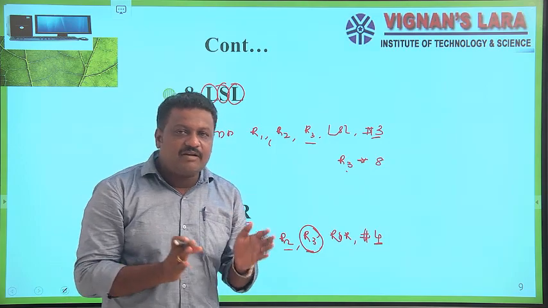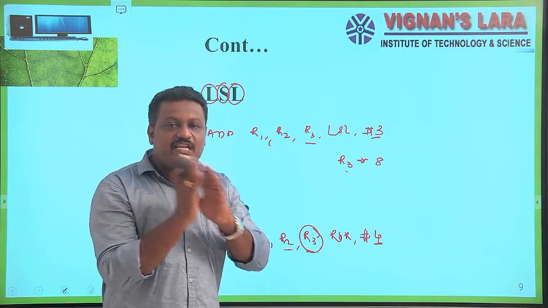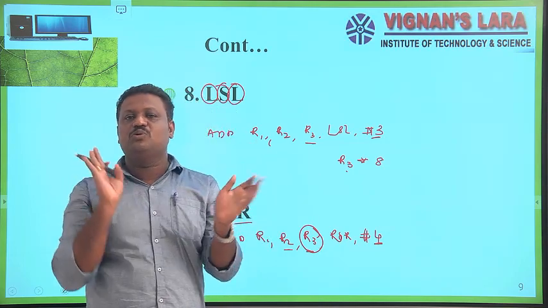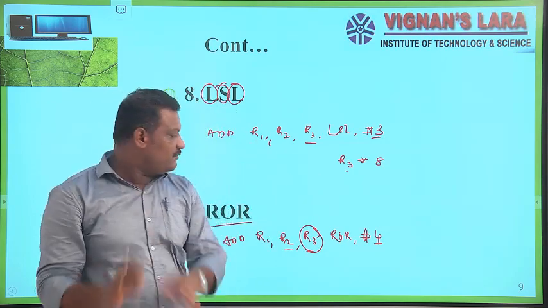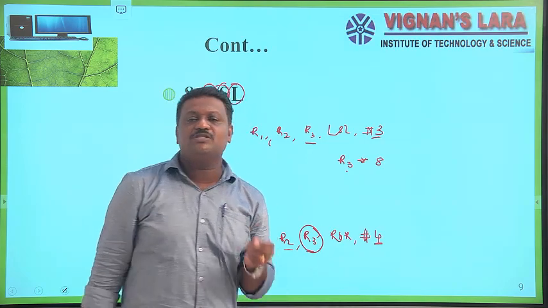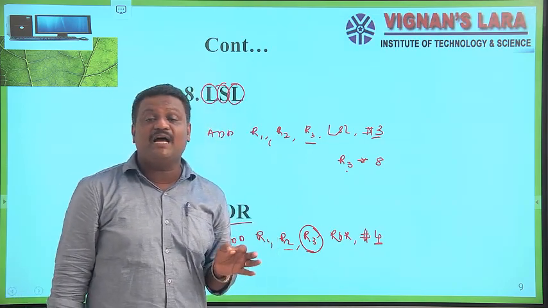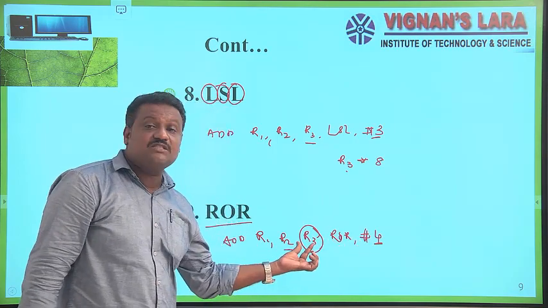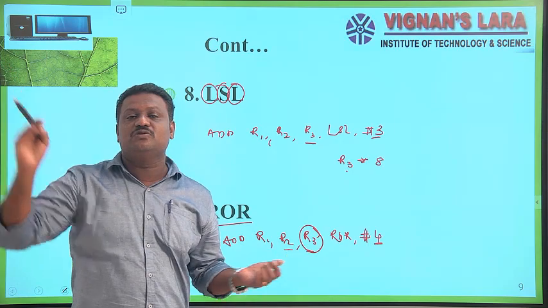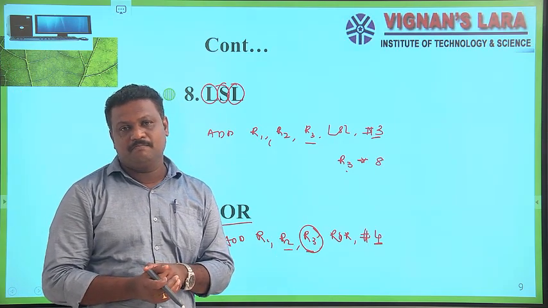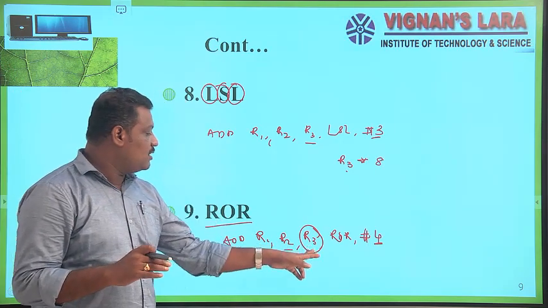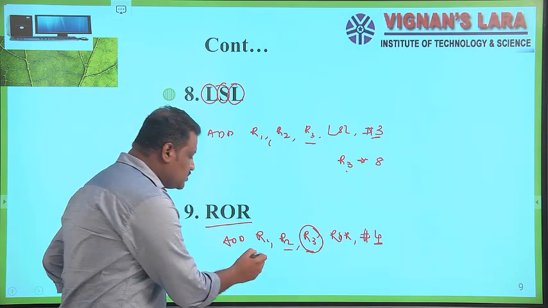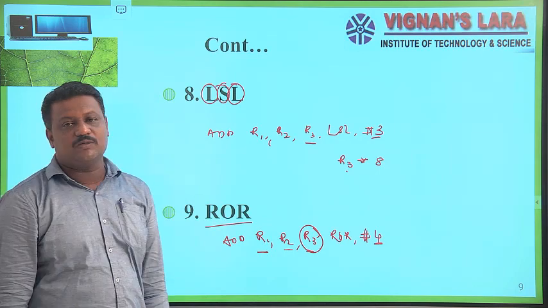Because in rotate right, the bits move from the MSB end to the LSB end, and whatever bit I have in LSB is again moved to the MSB position. By doing a 4 times rotate right, the least significant nibble that R3 had before execution of this rotate right operation is now moved to the most significant. Thereafter, that R3 value is added with the R2 value, and the final result is transferred to R1.